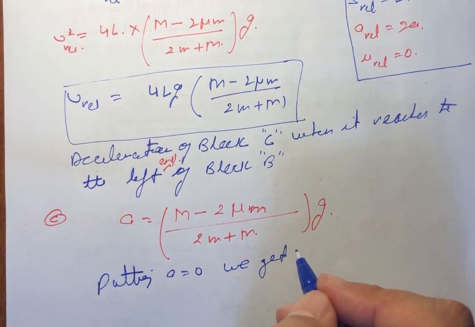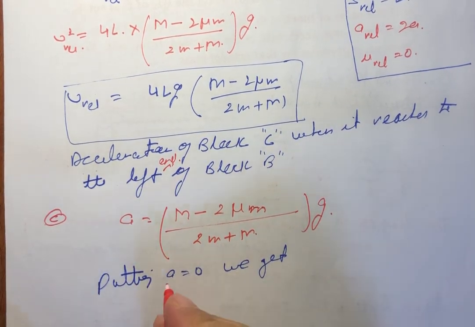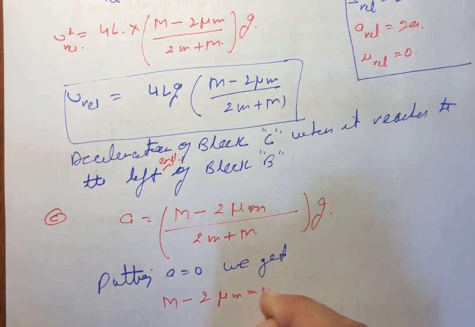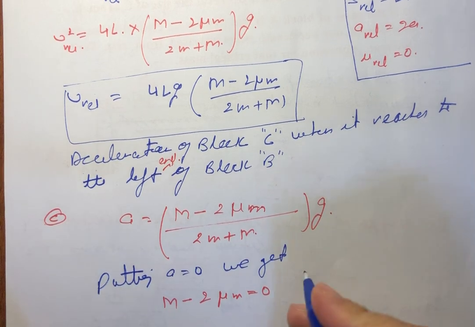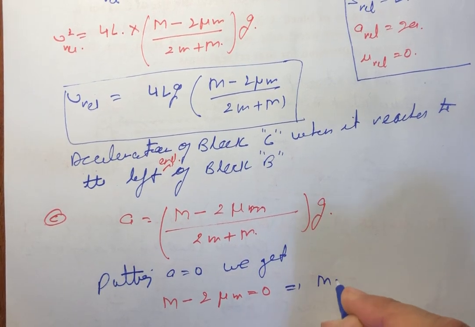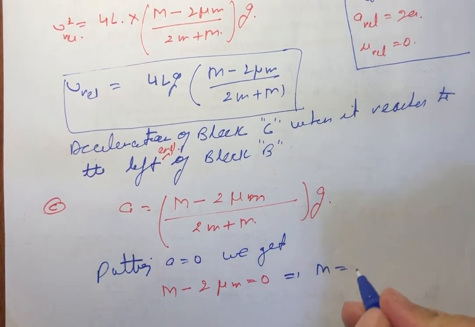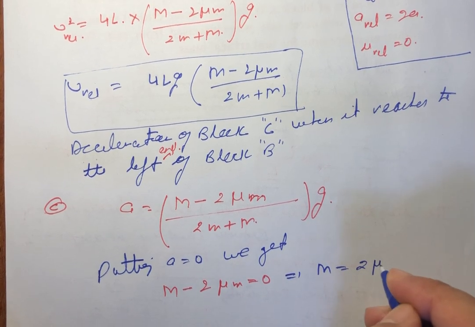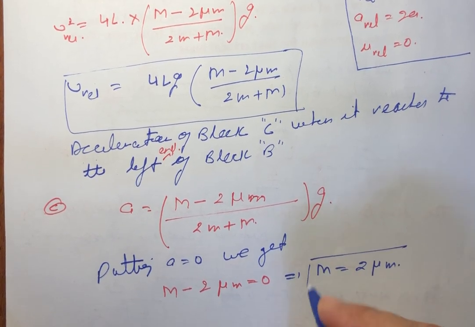Putting a is equal to 0, we get m minus 2 mu m will be equal to 0. From here we can find out that capital M, or rather mass of A, should be equal to twice mu m.